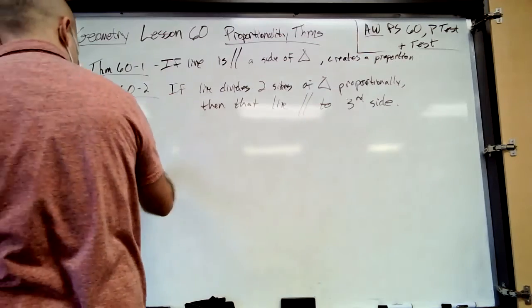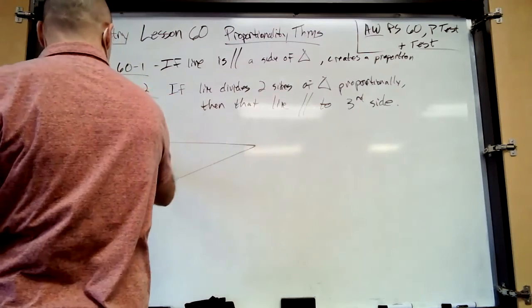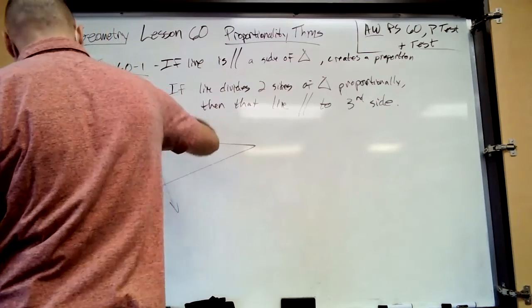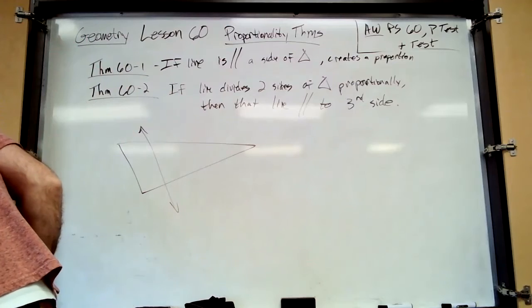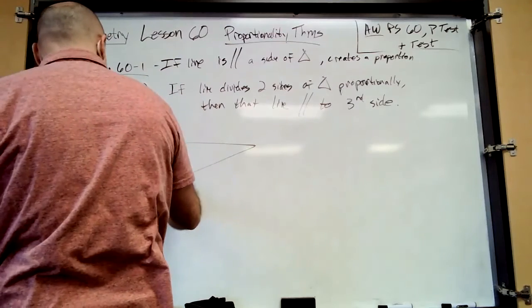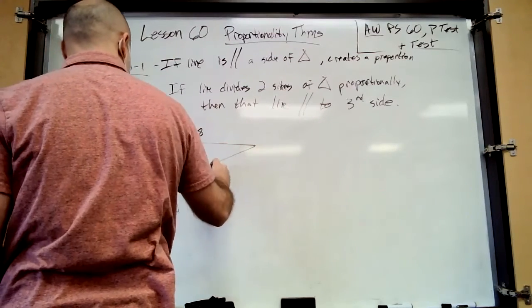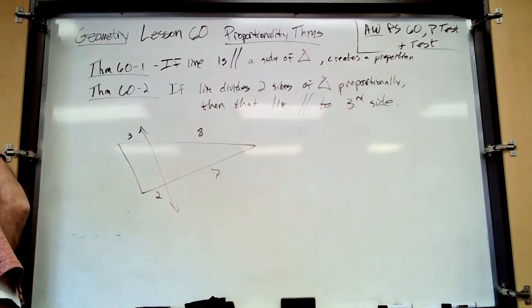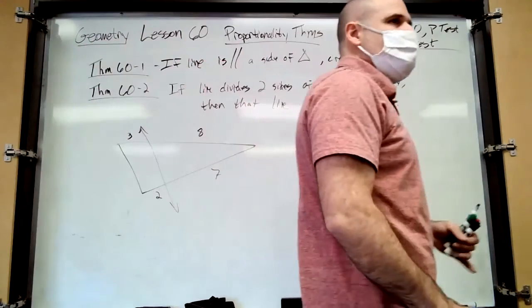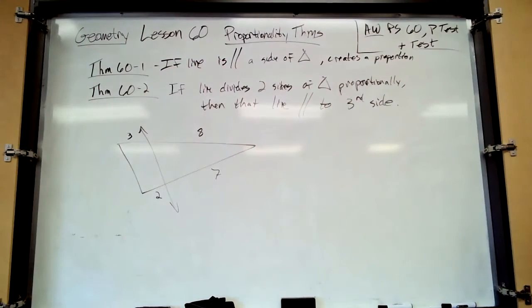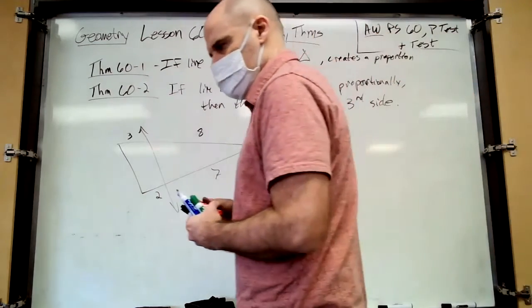Okay, so tell me if this line is parallel to the third side. Is this line parallel? And why is it or why is it not parallel?